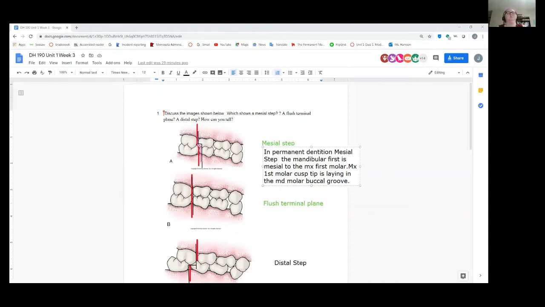Okay, so the maxillary first molar's mesial buccal cusp tip is going to lie in the mandibular molar buccal groove.